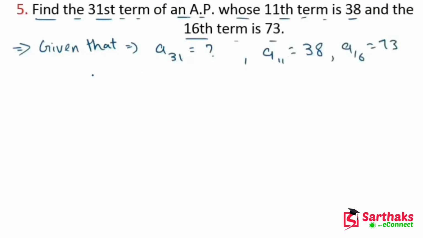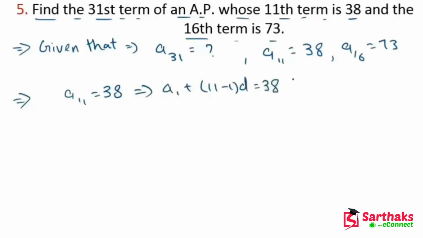Now for finding this, A11 is equal to 38, we can write it as A1 plus 11 minus 1 into D, which is equal to 38. So A1 plus 10D is equal to 38, which is equation number 1.